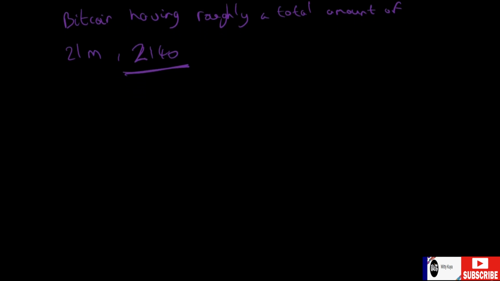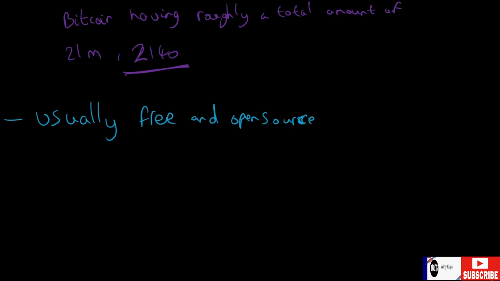It is usually free and open source, not to be able to get the cryptocurrency itself, but to be able to develop for it, to be able to use it.